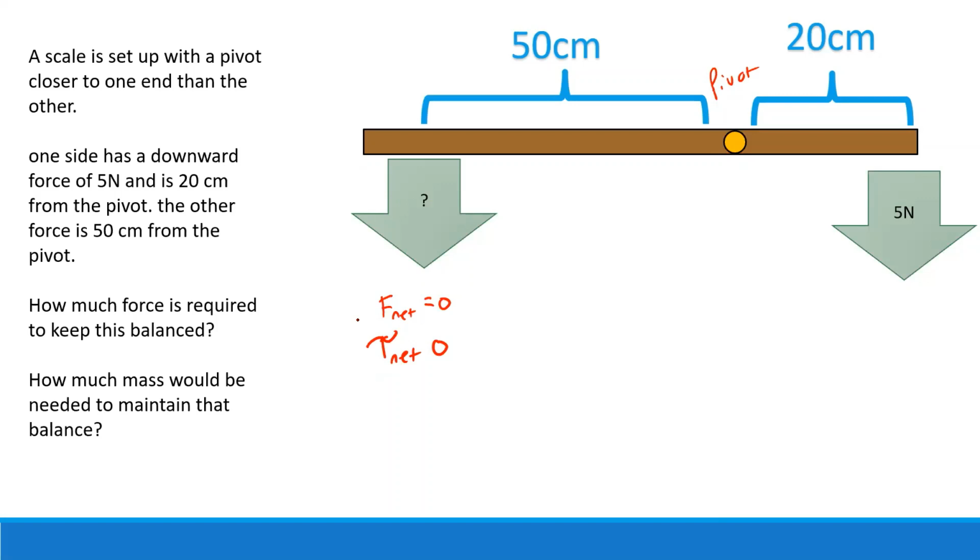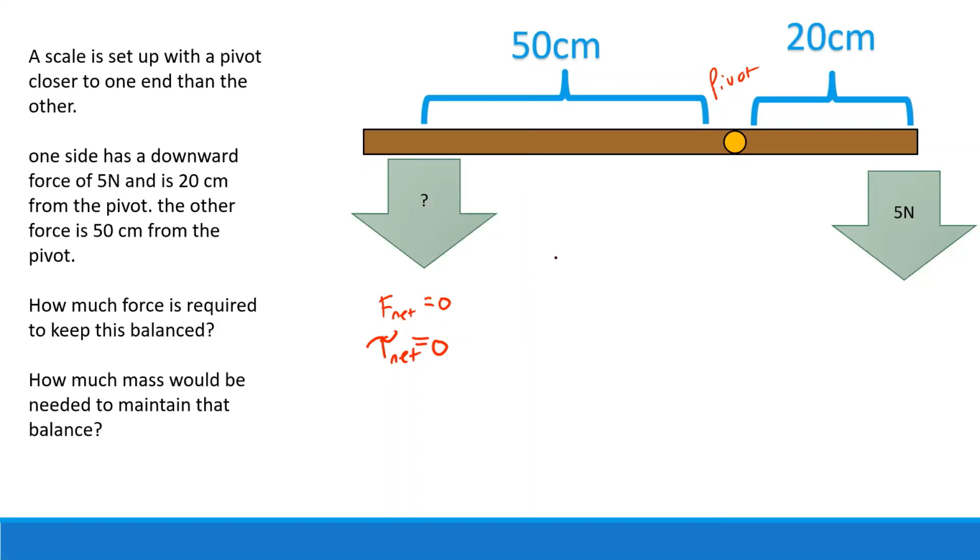Now, for this case, we don't really care about the net force. We just know that whatever the force pushing downwards by these two objects is, it's going to be balanced by an upwards force of the pivot. We don't really care about them too much. We only care about the net force. So that net force is going to be 0 because we want it to be balanced.